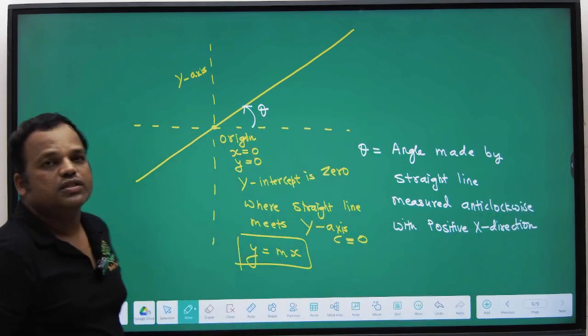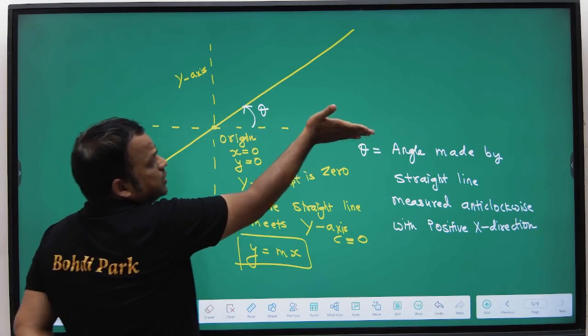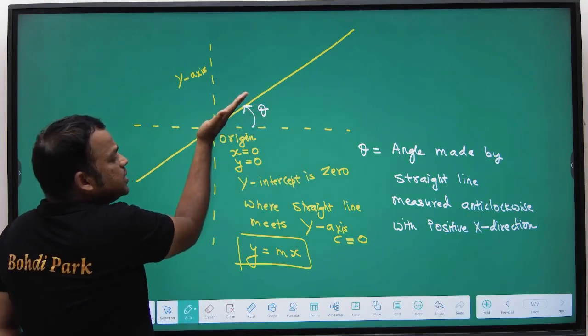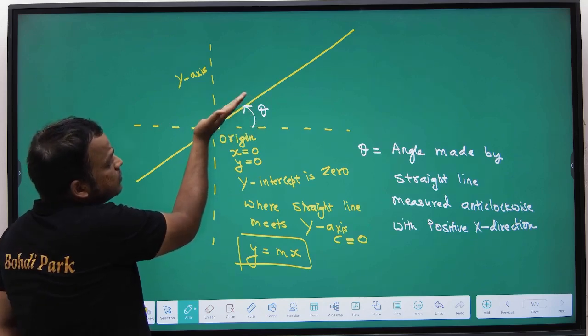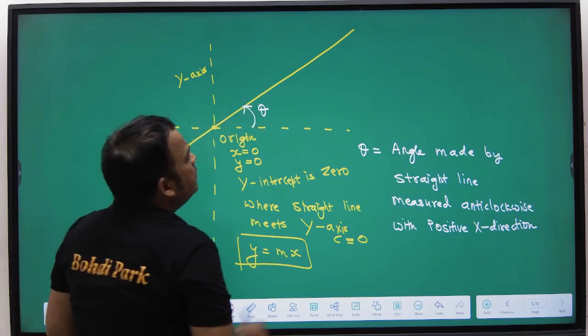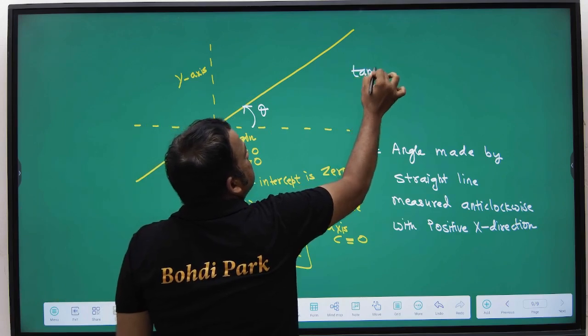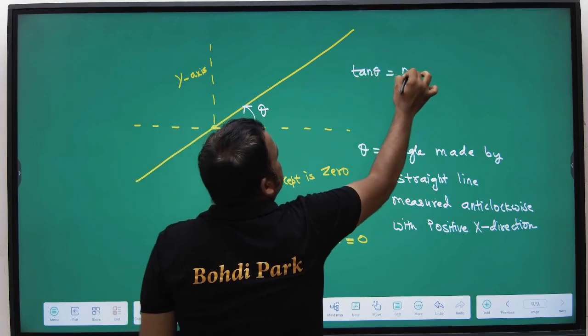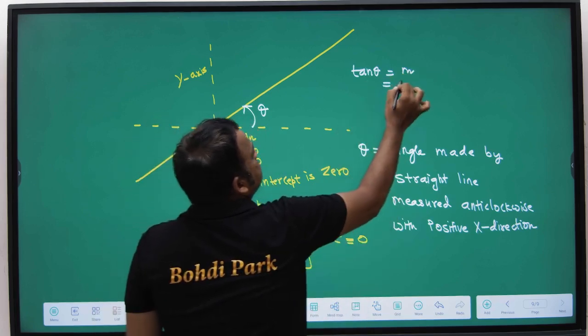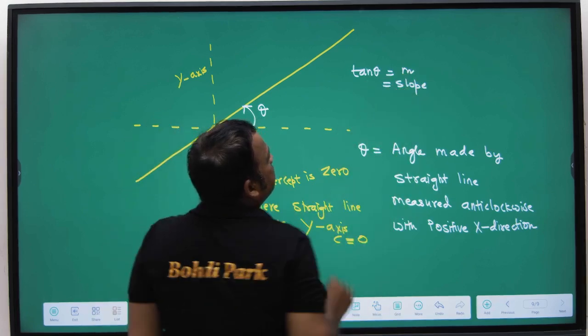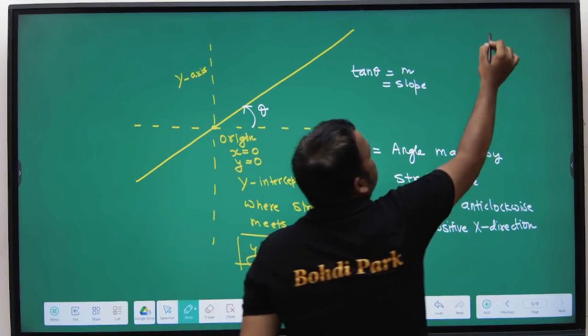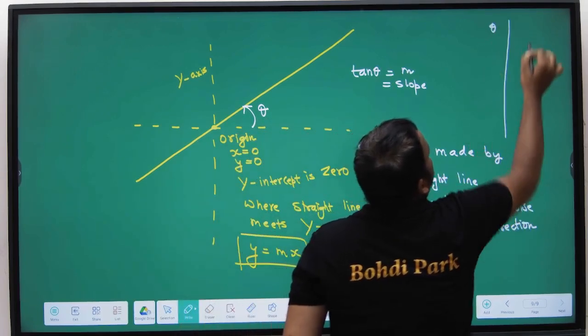So this is the positive x direction, and angle theta is measured anti-clockwise. Then we find tan theta, that is known as slope or gradient.